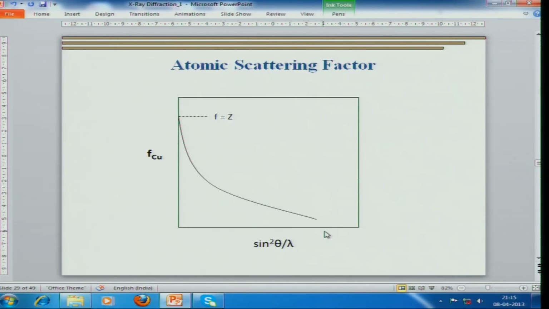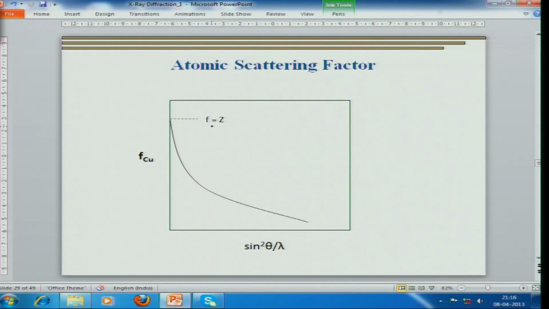If you talk about an atom, we know that an atom is an ensemble of electrons, and the scattering by an atom is directly proportional to the atomic number. However, this is true only when there is direct incidence, and as the incidence angle changes, there is a decrease in the atomic scattering factor of X-rays.